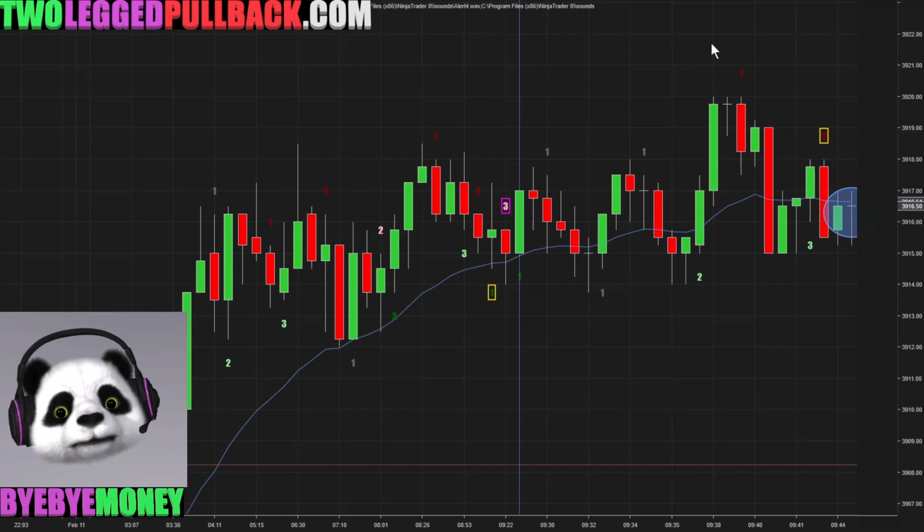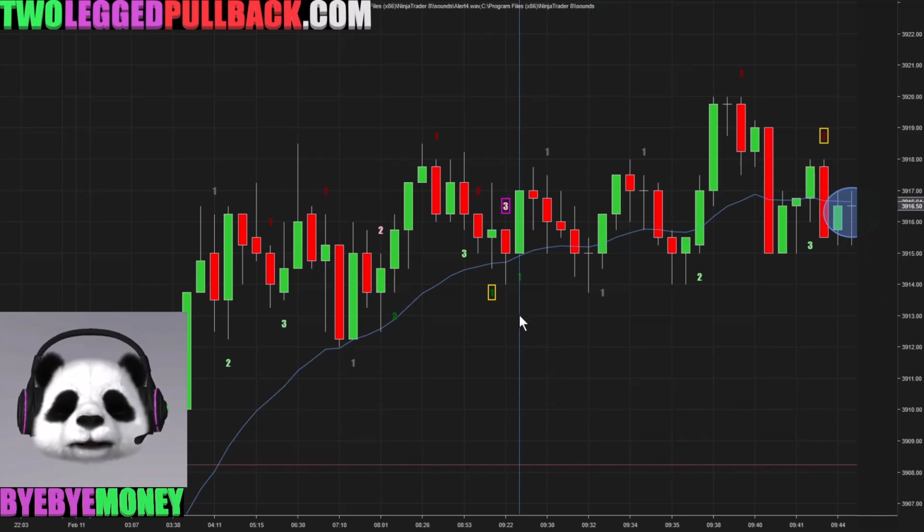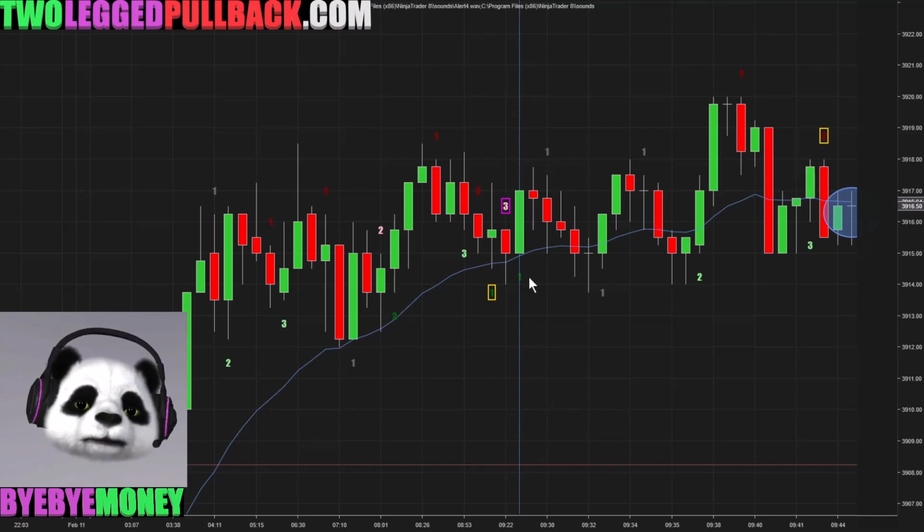If you'd like more information about this indicator, you can check out the official website at www.twoleggedpullback.com. So on the chart, you see we have this dotted line and this dashed line. This red line is essentially the last trading day's close, and this is 9:30, basically the regular trading hour open. I like to have that so you can just see when the day begins.